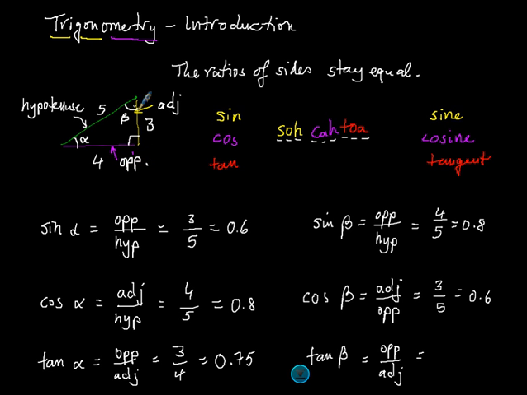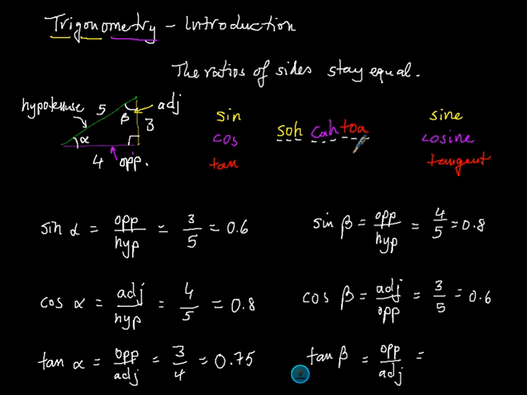It depends on which angle I'm looking at. That's why we always have the angle here also. Sine beta is opposite over hypotenuse. This time it's 4 divided by 5, not 3 divided by 5. Same for cosine beta, which is adjacent over hypotenuse.